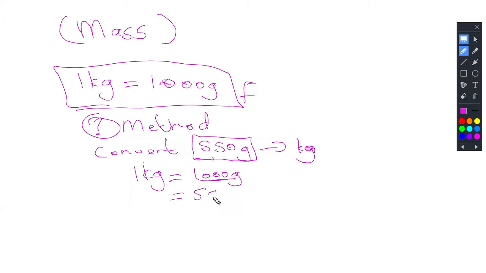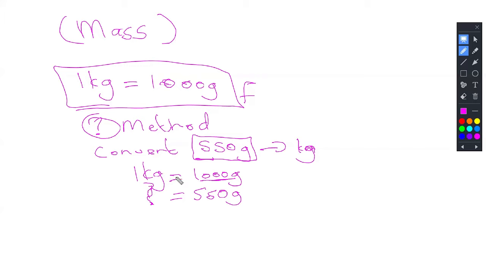So I'm going to put my 550 grams underneath 1,000 grams, and then I put my question mark there. So I'm saying that for 1 kg, I have 1,000 grams, but for 550 grams, I do not know. That's what we mean by the question mark method.